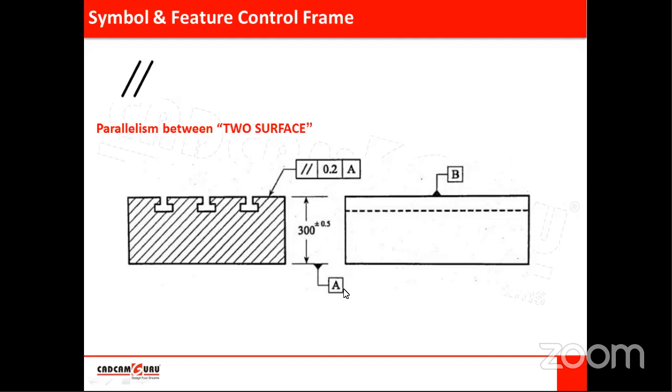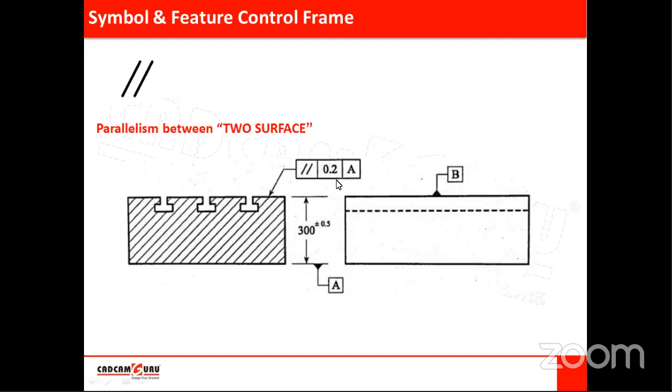Here the height of the table is 300, and the tolerance is also specified as plus minus 0.5 mm. You can see this is a bilateral tolerance, meaning this is a general purpose dimension. This is the permissible deviation allowed for the parallelism of this feature.